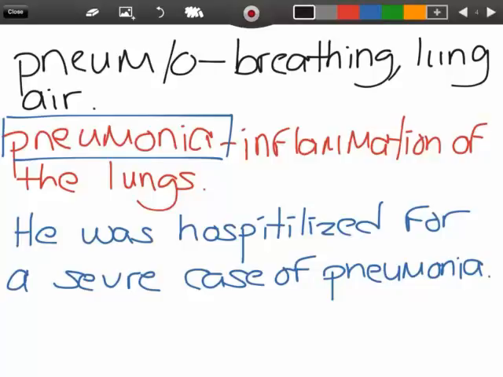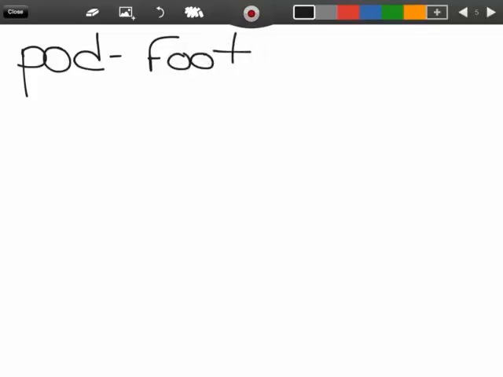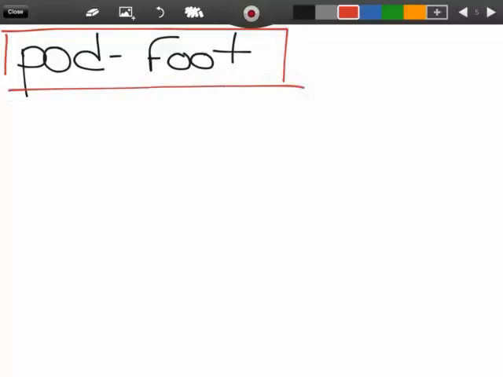Moving on to our next root. This is an important root, so I'm going to go ahead and underline it for you after I give you the meaning, and that root is pod, meaning foot. I'm going to go ahead and put this in a box so you could understand it better.